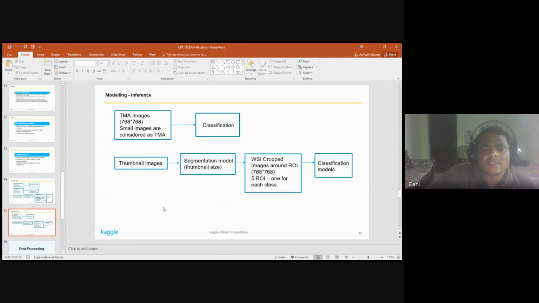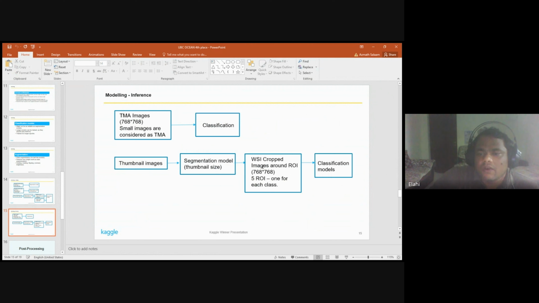During inference, classifying TMA images is straightforward. It's a single image, so it's done directly. For the WSI images, I have used thumbnail images resized to 1536 with the segmentation model trained on thumbnail size, and then I have generated 5 tiles, one for each class.